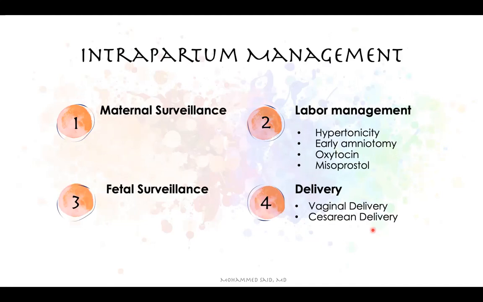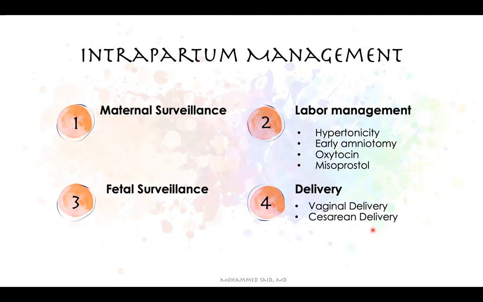Then let's talk about the intrapartum management. So how do we manage a patient who's having abruption and we are trying to deliver? We said that induction and augmentation are not contraindicated, and vaginal delivery is not contraindicated during placental abruption.